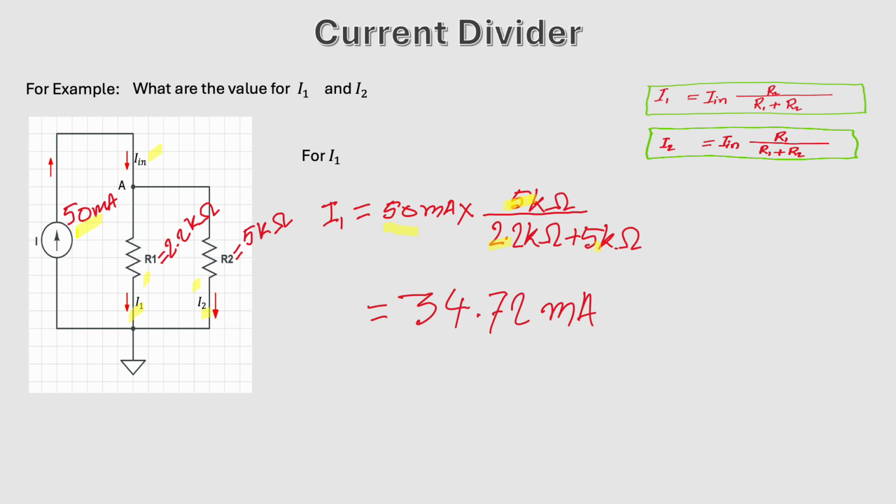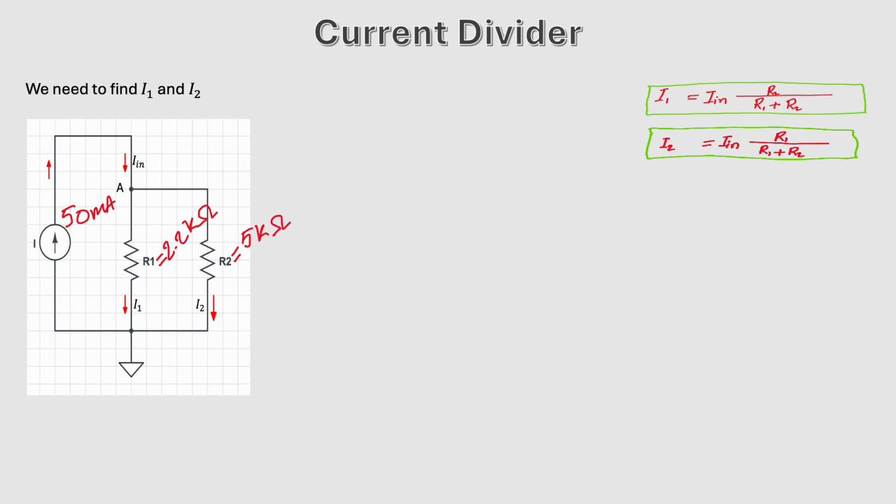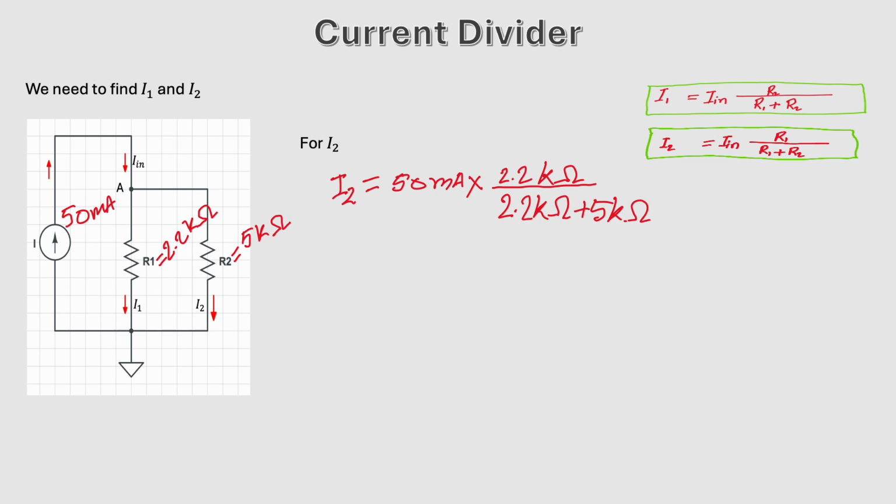So for I2 we just replace the value for R1, which is 2.2, and then after calculation we get I2 is equal to 15.27 milliampere.